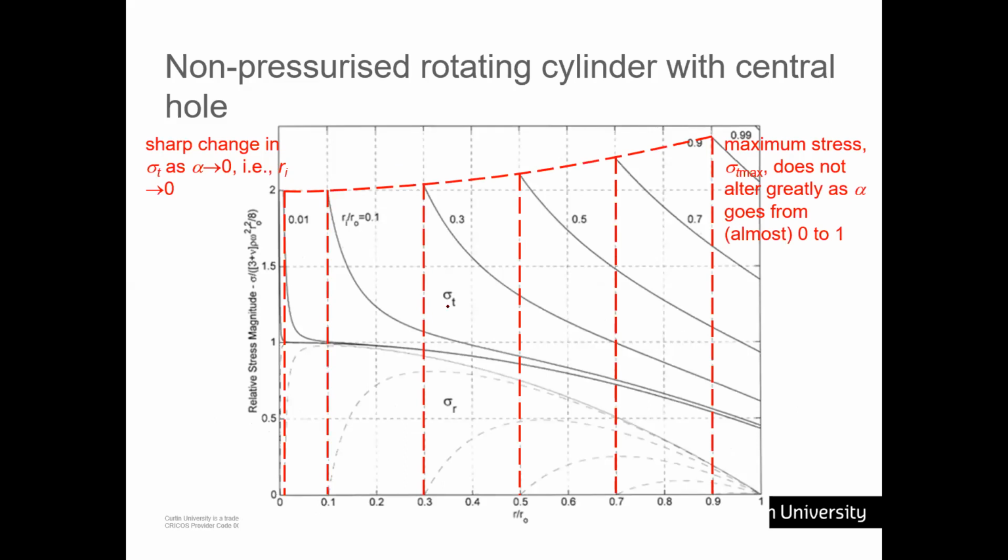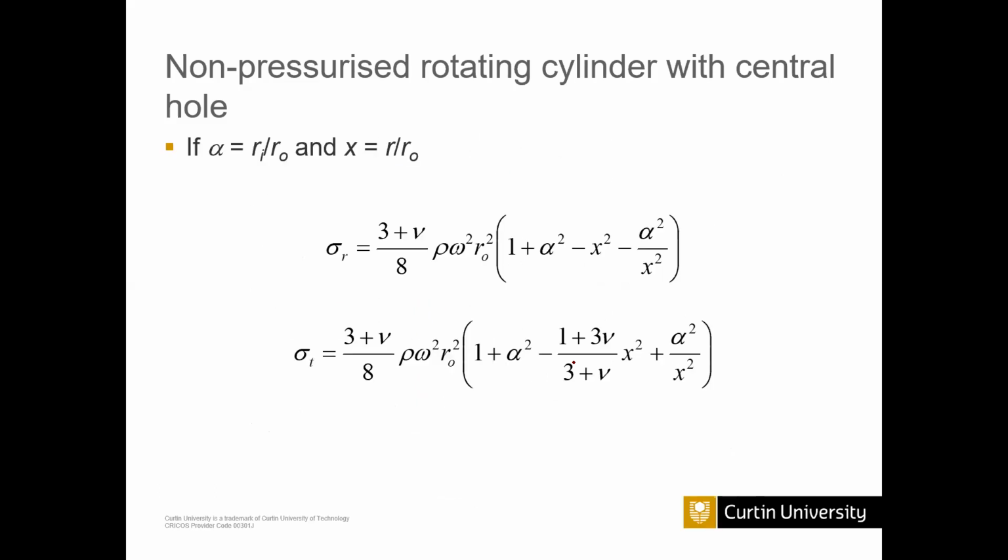The important thing is that Ri and R naught are constants, they are boundary conditions, so that ratio is a constant alpha.